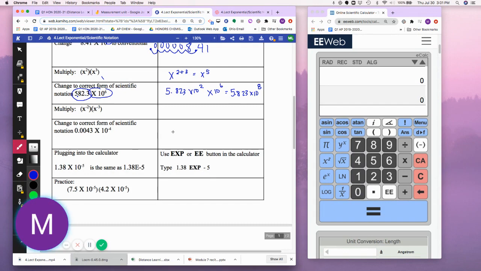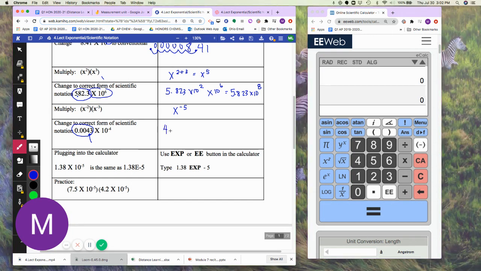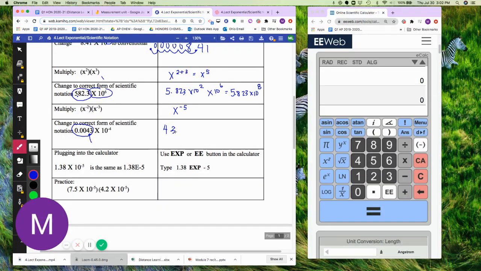I hope that you added the exponents, x to the negative 5. Negative 2 plus negative 3 is negative 5. So for this number, try to ignore the 10 to the negative fourth for now. You have to move the decimal point between the 4 and the 3. So it'll be 4.3 times 10. How many times did you move it to get there?